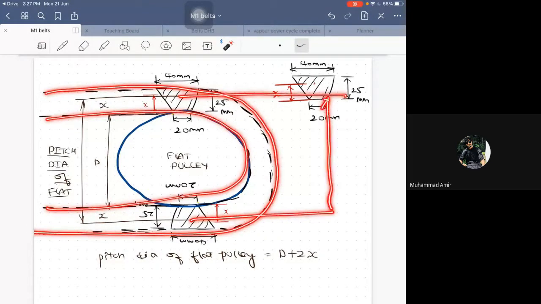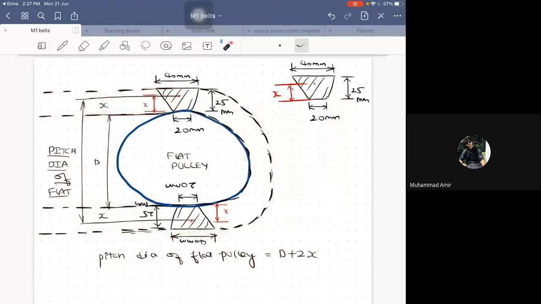So this is your pitch diameter of a flat pulley, from centroid to centroid. What does it account to? It is the diameter, one whole length diameter, and 2 times the centroid. So that is what I am trying to do.